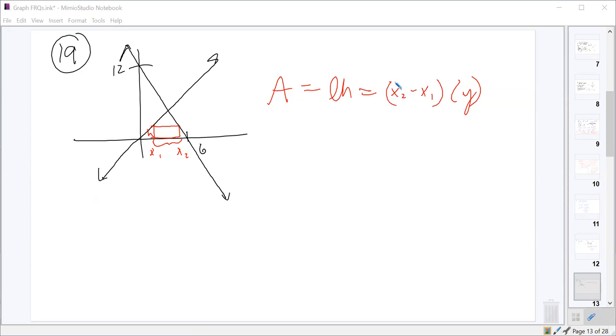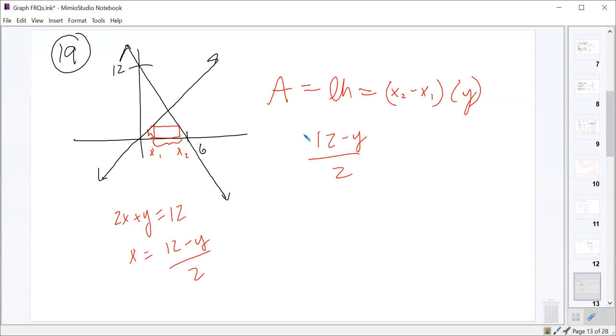So let's figure out what x2 is. This is the x value when 2x plus y equals 12, so x equals 12 minus y over 2. So any x value here is 12 minus y over 2. So we'll have 12 minus y over 2 minus, and then this x value, if y equals x, is just y, and then times y.